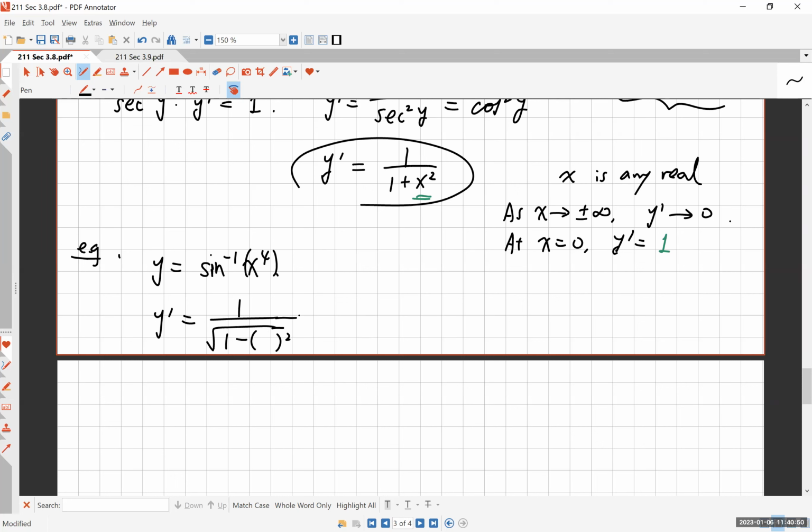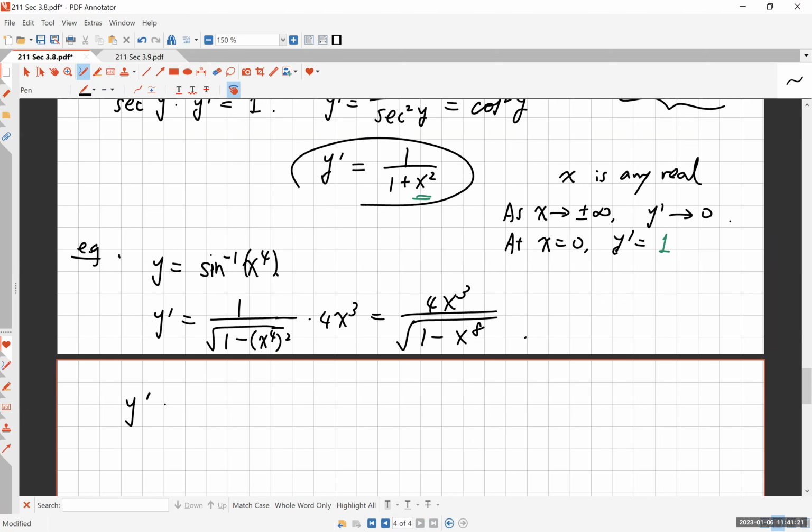You don't write x squared because what you have is y is the inverse sine of the blob. So the derivative is 1 over the square root of 1 minus the blob squared, blob being x to the 4th. And then you multiply this by the derivative of the inside function. So the answer is 4x to the 3rd divided by the square root of 1 minus x to the 8th. Okay, and that is the correct answer for that.